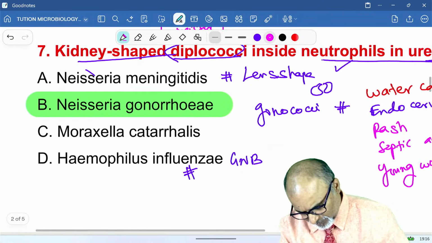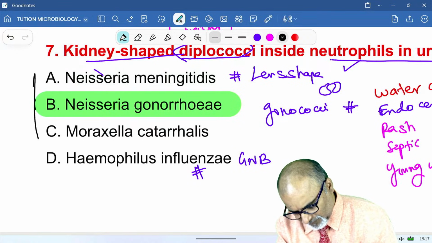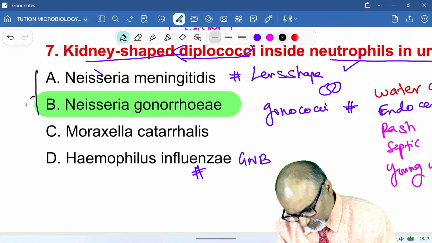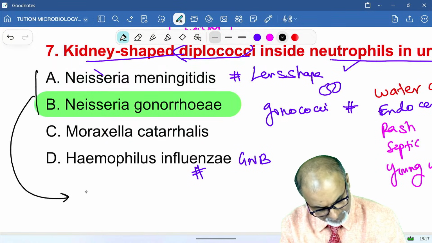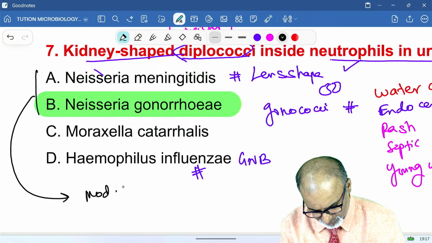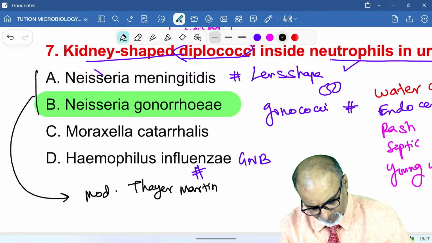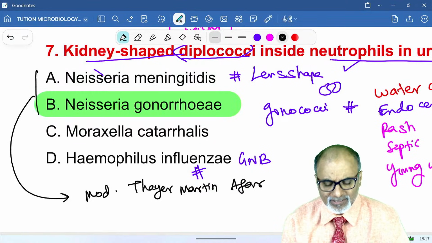What is the selective medium we are using? For gonococci or Neisseria, the common selective medium is modified Thayer-Martin agar or modified New York City agar.